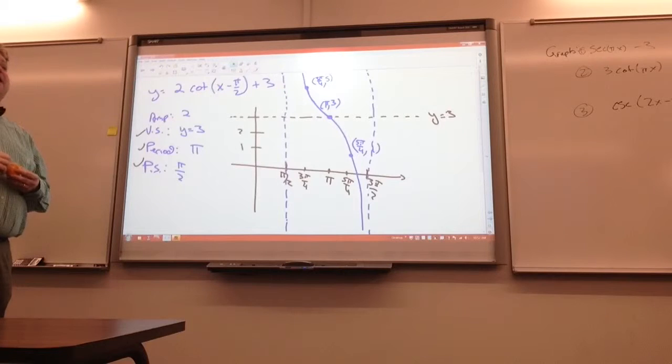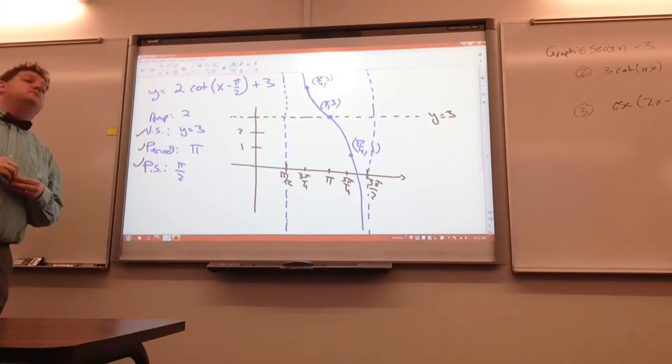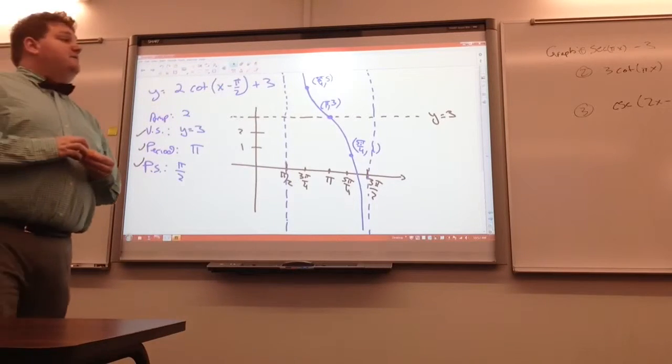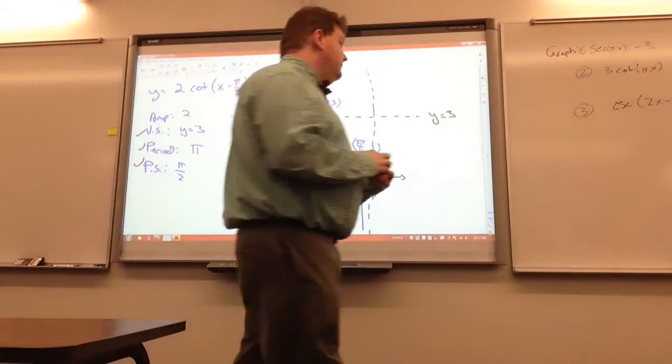Pi. There's no phase shift here. If it's not there, it's 1. So if it's not there for amplitude or period, it's 1. If it's not there for vertical shift or phase shift, it's 0, basically. So this thing has no phase shift and no vertical shift.